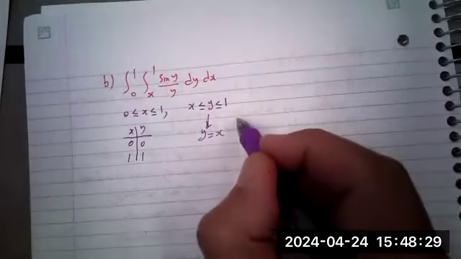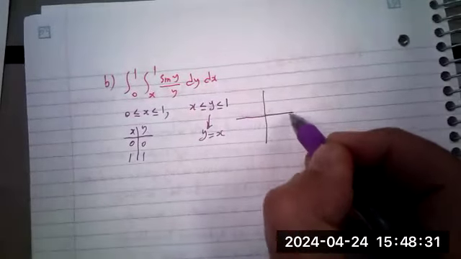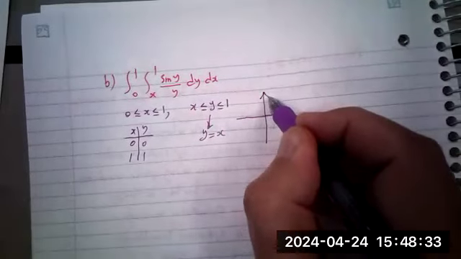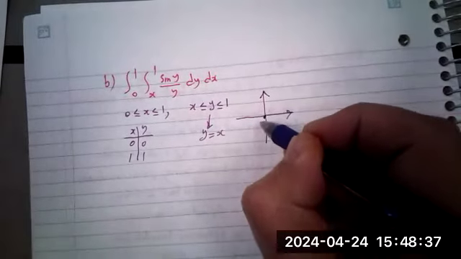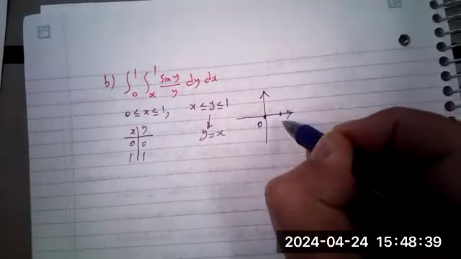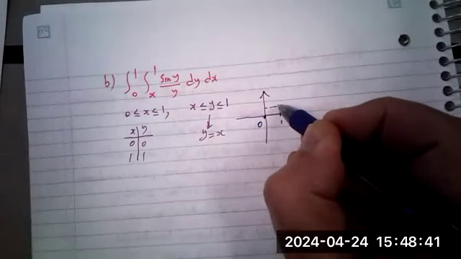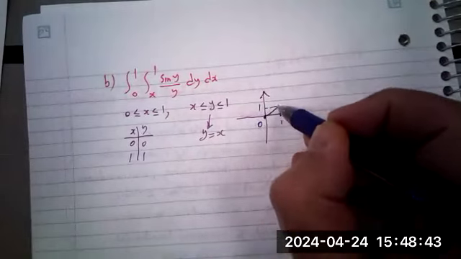If you graph the region that is given to you, you have the point (0, 0) here and then the point (1, 1). This is going to be the region.